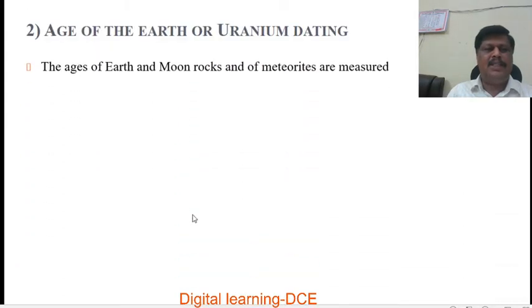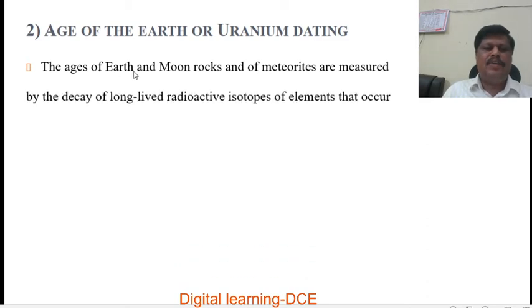The second one is age of the earth or uranium dating. By measuring the activity of the uranium in the samples of the planets like Earth, we can measure the age of the Earth or planets.